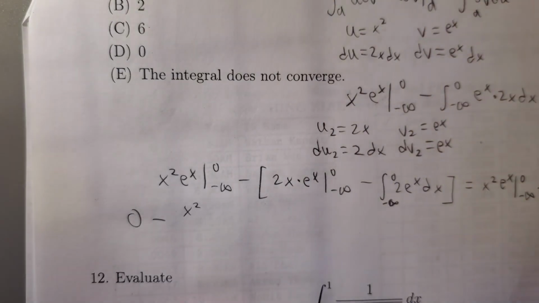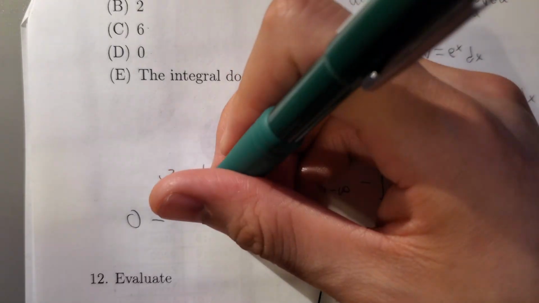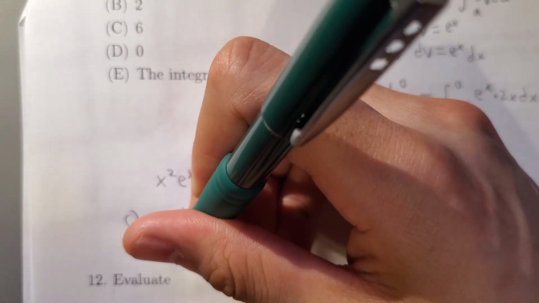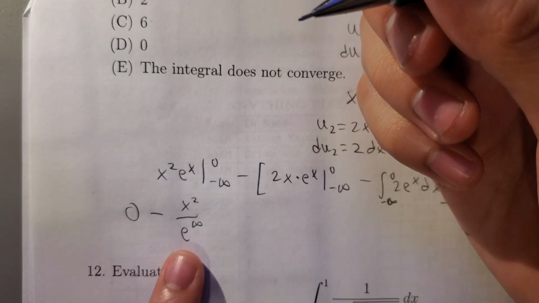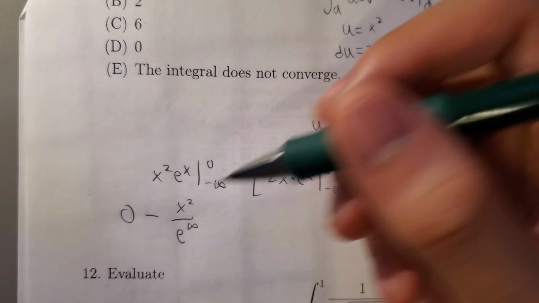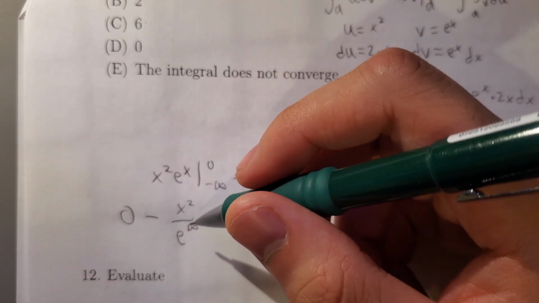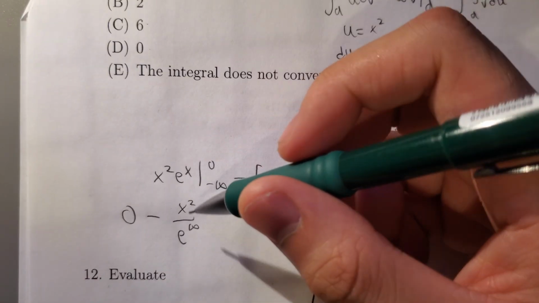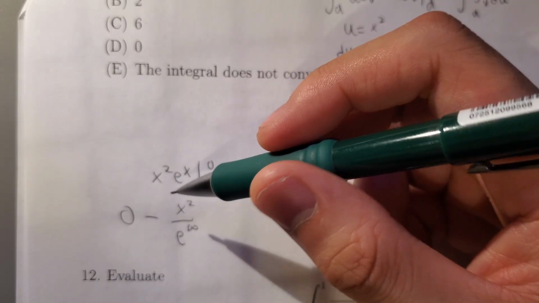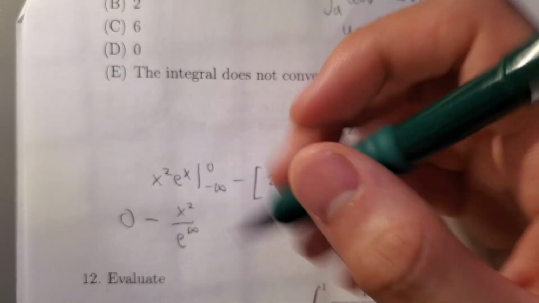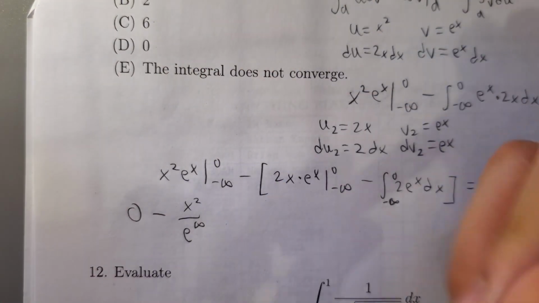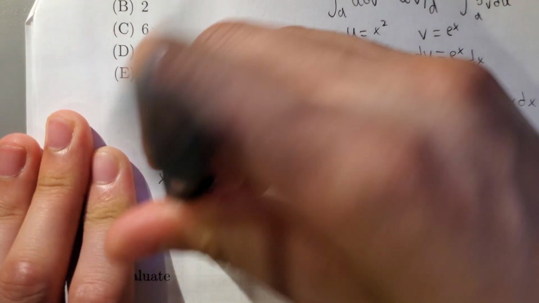x squared times e to the negative infinity, which I'm going to move to the bottom so that it becomes e to the positive infinity. So to find the limit of this, you can use L'Hopital's rule, because when you plug in infinity for both of these, it becomes infinity over infinity.